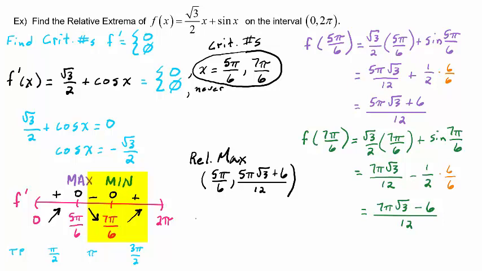So then f will have a relative minimum at the point 7 pi over 6, comma 7 pi rad 3 minus 6 over 12.